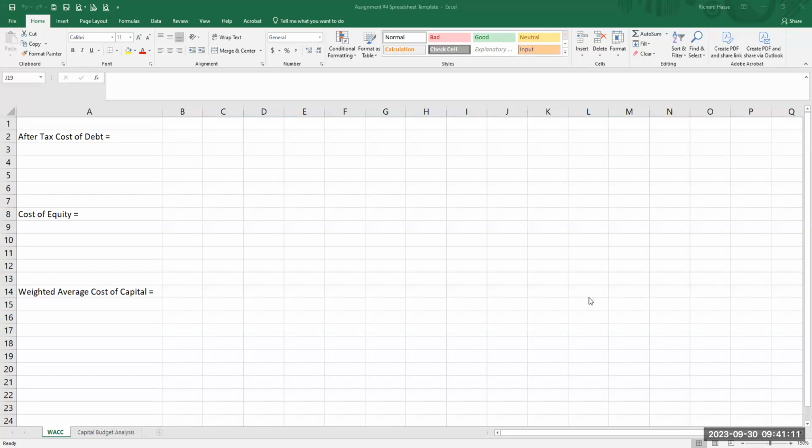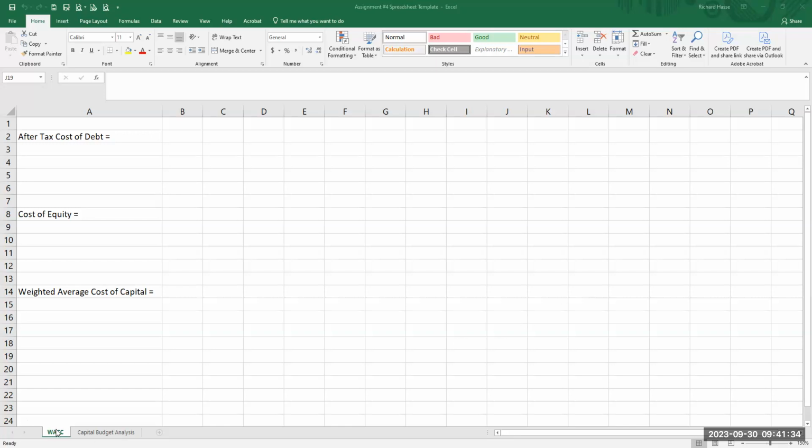And there are 2 tabs for you to complete. I want to see your calculation for the after-tax cost of debt. I want to see your calculation for the cost of equity, or what you might want to call the expected investor return on equity of this company. And then finally, combining those 2 to determine the weighted average cost of capital.